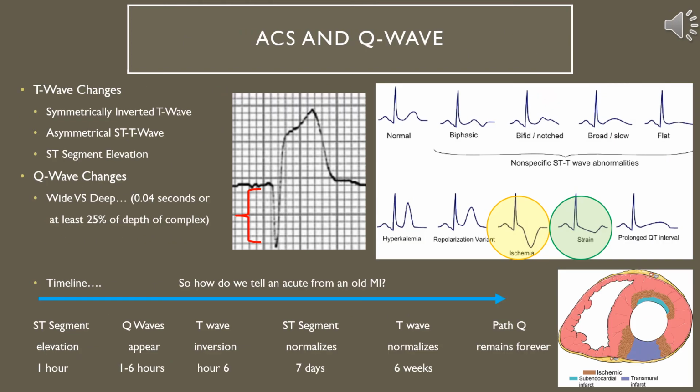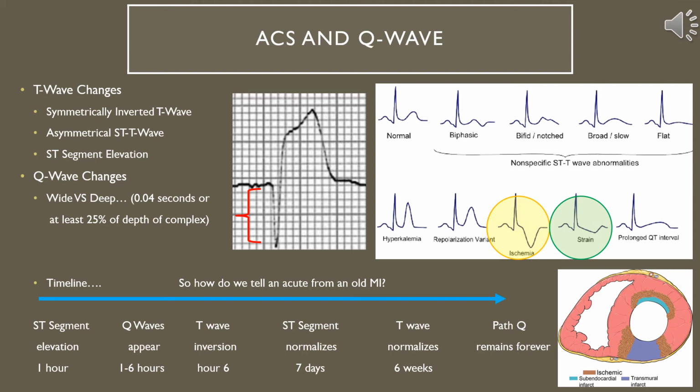Talking a little more about acute coronary syndrome and T and Q waves. There are some normal findings for T waves. A T wave depression in a pediatric patient is pretty common, and this can persist through juvenile to adolescent years, termed a persistent juvenile T wave pattern. In adults, generally, that's not a normal finding.